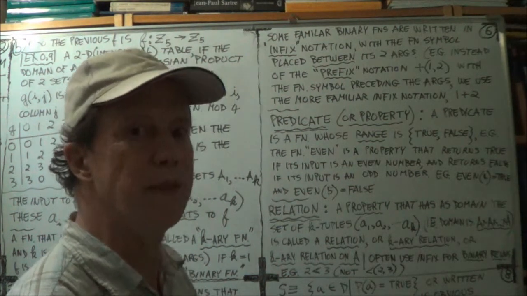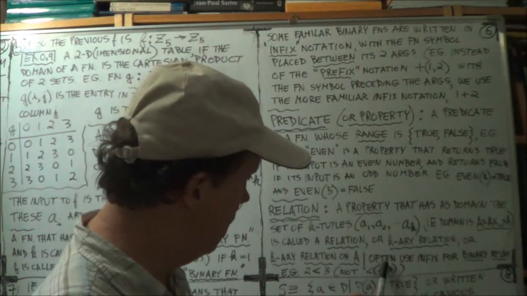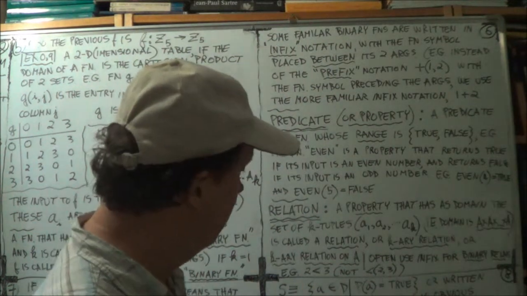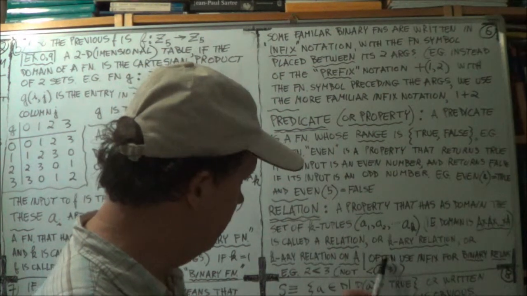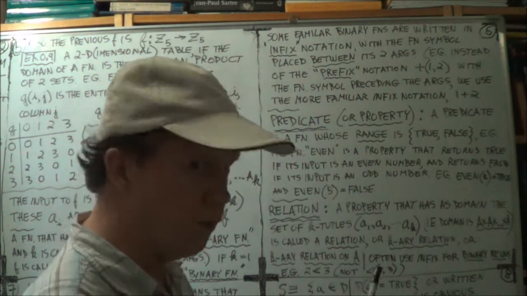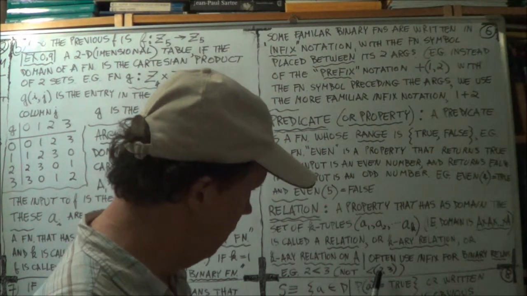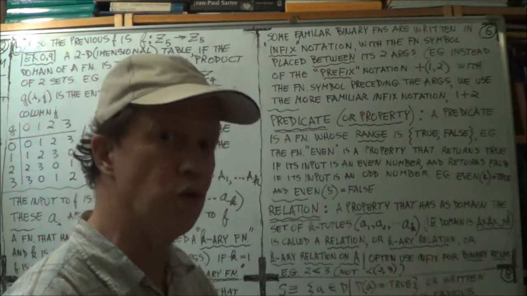Well, we'll say Z, big Z. So that's your F, and your domain now would be Z cross Z, right? And the output of this will be true or false. So your function is less than. Now, is 2 less than 3? Yes, it is. That's true. So output true.